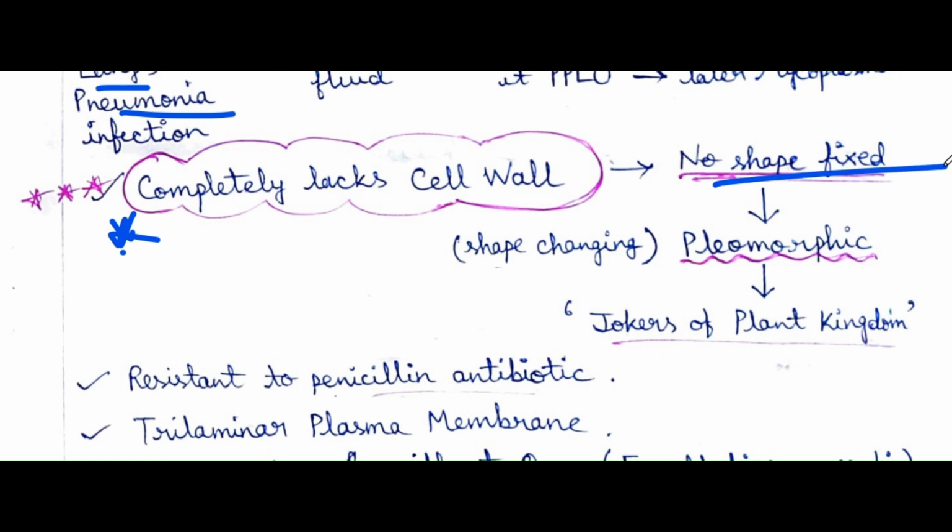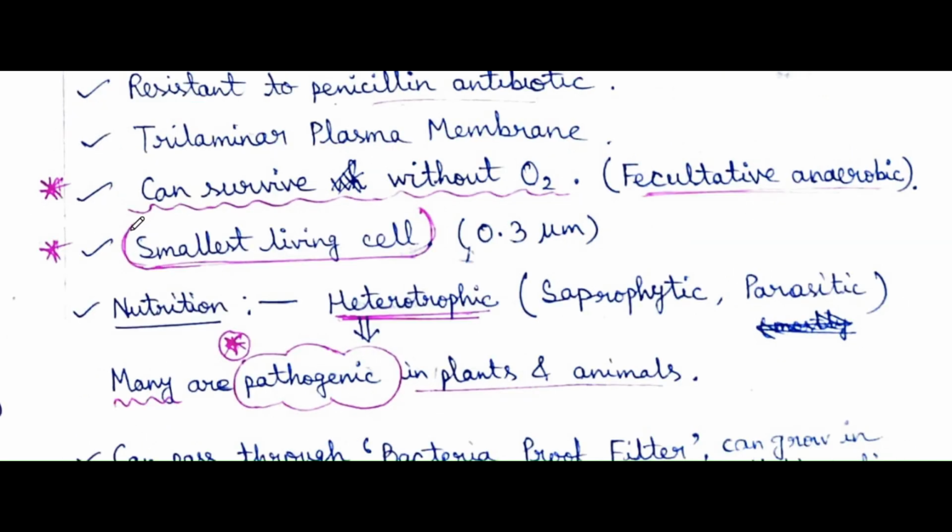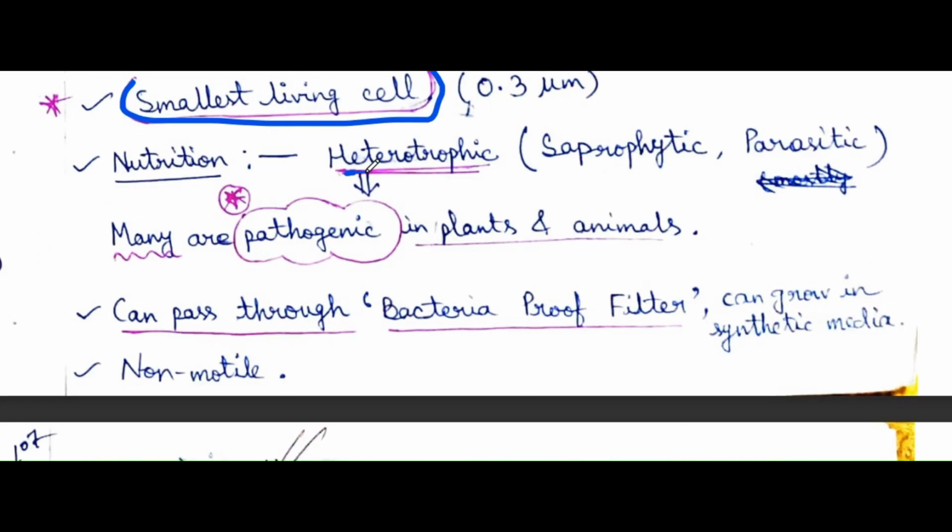So their shape is not fixed, and that's called pleomorphic. They are the smallest living cells. They can survive without O2, so they are called facultative anaerobes. They are heterotrophic in their nutrition. Many of them are pathogens. They can pass through bacteria-proof filters.